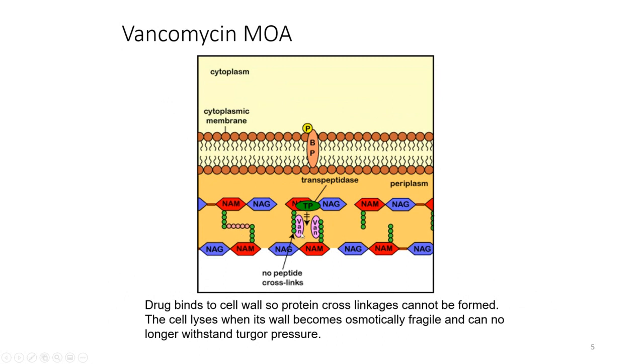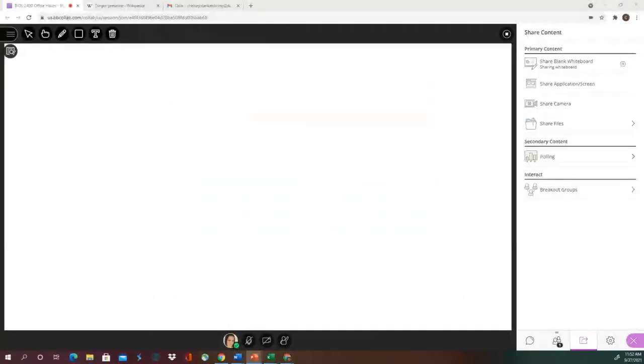And what vancomycin does here, as you see in the middle, is it actually binds to the glycan chains and it prevents that peptide linkage from being formed. Again, it's disrupting the integrity of the cell wall, so it's going to be osmotically fragile and can't withstand that turgor pressure. All right, now we're really done with the cell wall synthesis inhibitors.